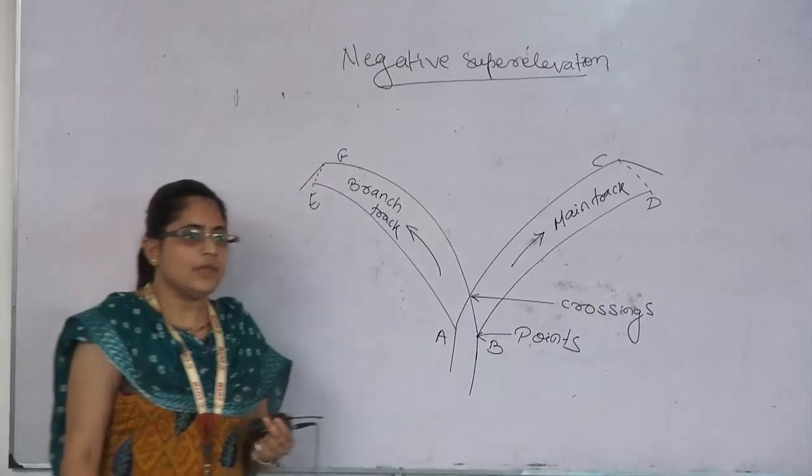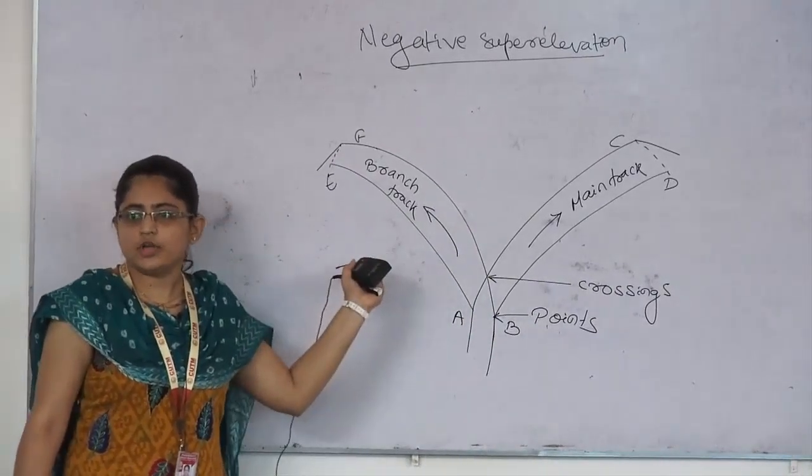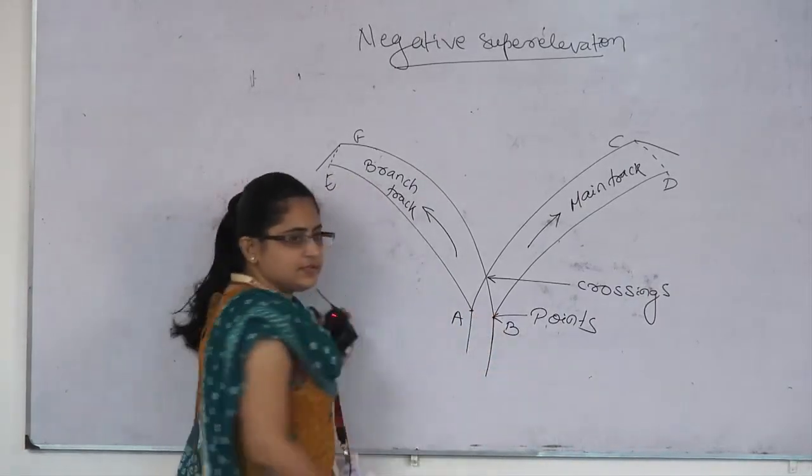Okay. Now this is your rail track. Where is your point? A, B are your points.